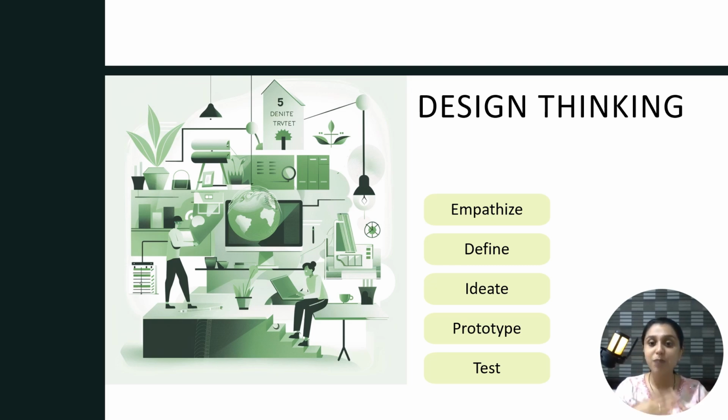But then the packaging kept on changing, and now we even have cup noodles, right? So, empathizing with the user, understanding what they want, then creating ideas based on that, and finally prototyping it in the market, or prototyping it for yourself and testing it in the market. That's what people usually do.